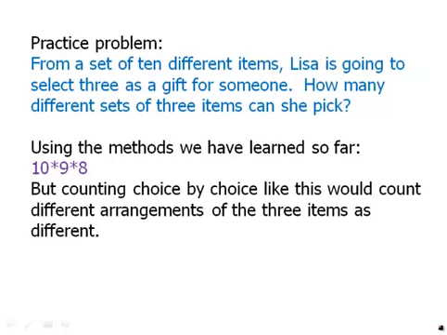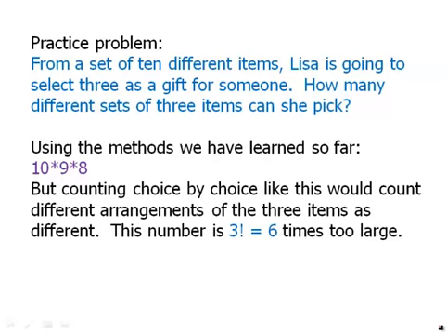She's going to pick 3 and just put them in a group. It doesn't matter whether we pick necklace first, then ring, or ring first, then necklace. The order of selection does not matter. And when we're doing it in stages, we're explicitly including the order of selection as if it did matter. So 10 times 9 times 8 overcounts.